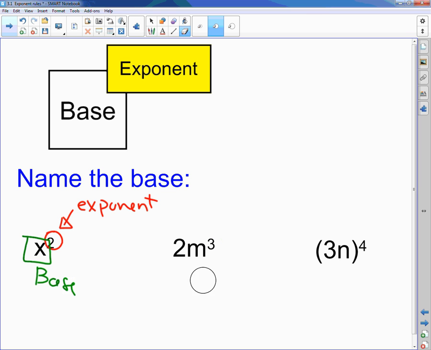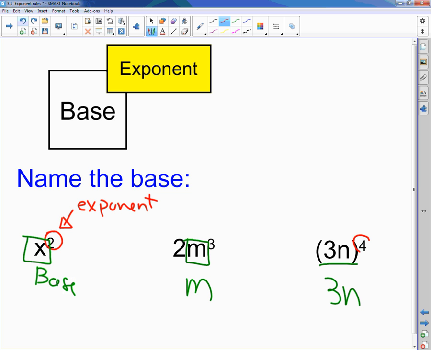If you look at this problem, you actually realize the base is just m, because the 2 is not being raised to the third, just m. And in this next problem, the base is 3n because the 4, this exponent, is affecting both of them because of the parentheses.